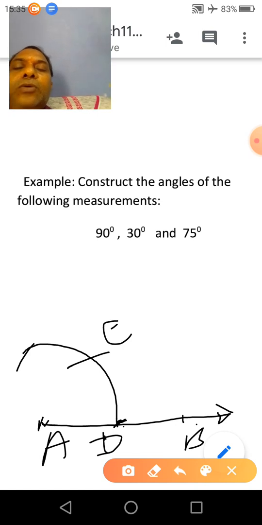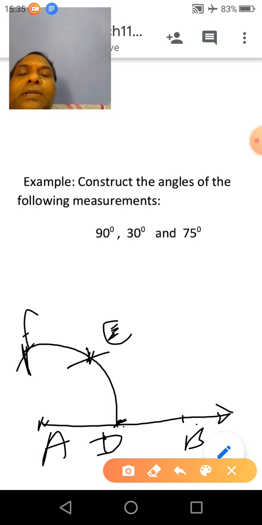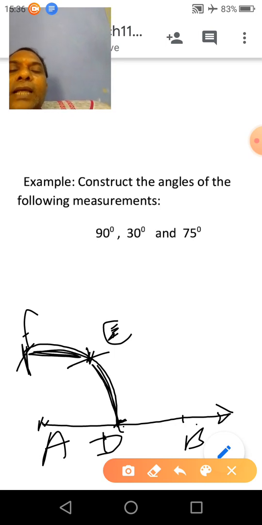Clear? Now E as center, again cut with the same arc at point F. This angle will be 120 degrees. Clear? So here to here 60 degrees and here to here again 60 degrees. Now bisect this portion.